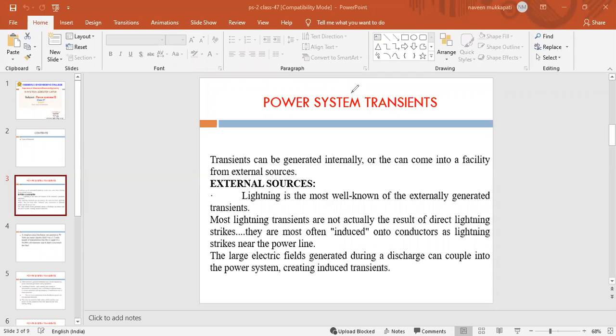After switching the line, there should be a sufficient time gap so that the disturbance does not cause problems in the circuit.